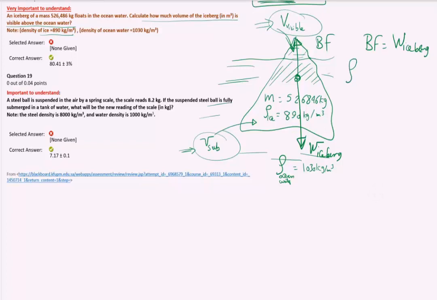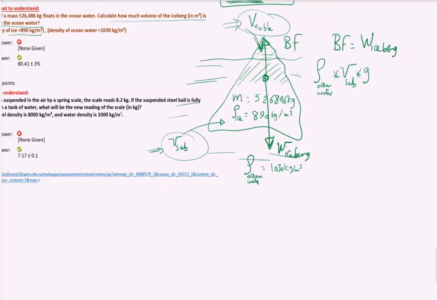The density of the outside fluid, which is the density of the ocean water, times the submerged volume, which is the volume of the ice under the water, times gravity, equals the weight of the iceberg. The weight of the iceberg is the mass of the iceberg times g. Of course, we can cancel g with g. But how to get the mass of the iceberg?